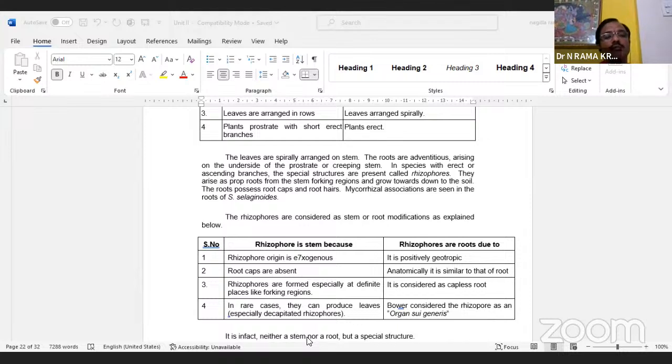These are all the main functions of rhizophores.